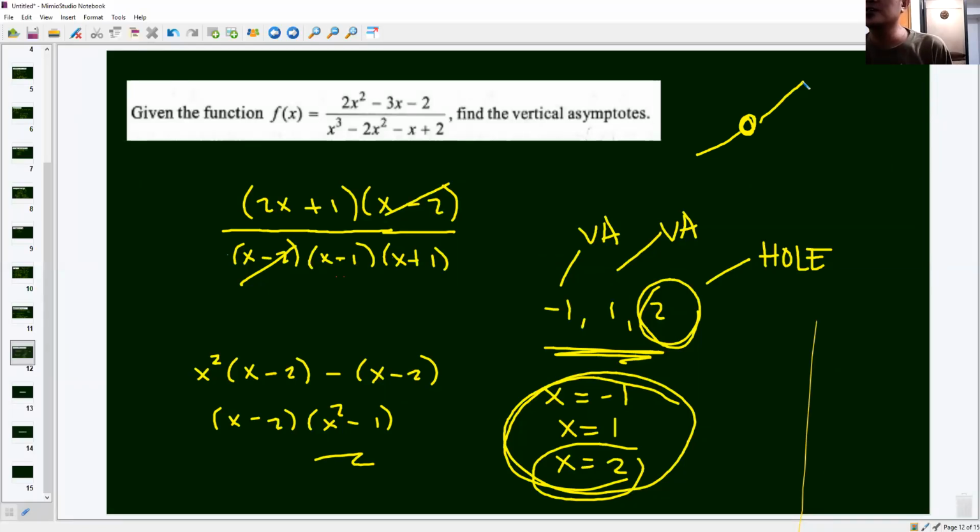Do you recall graphing a rational function with a hole in the graph? Not an asymptote, but just a hole or a break in the graph. So meaning the answers are just negative 1 and 1.